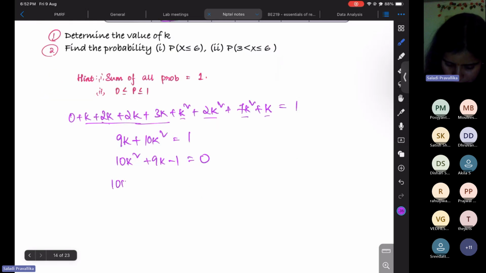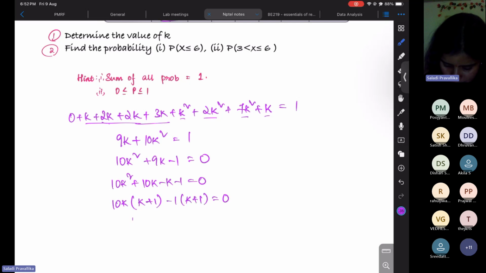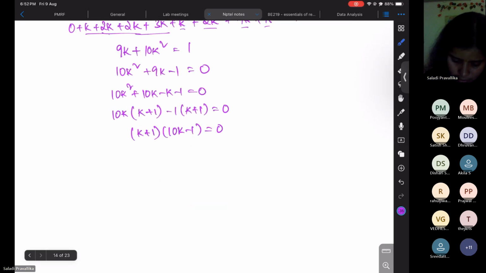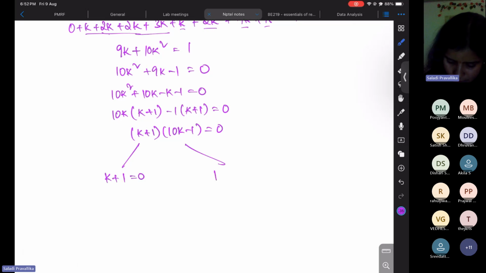Splitting this: 10k square plus 10k minus k minus 1 equal to 0. Taking 10k common here, k plus 1. Taking minus 1 common here, k plus 1 equal to 0. So it's (k plus 1) into (10k minus 1) equal to 0. So we have two equations, k plus 1 equal to 0 and 10k minus 1 equal to 0.